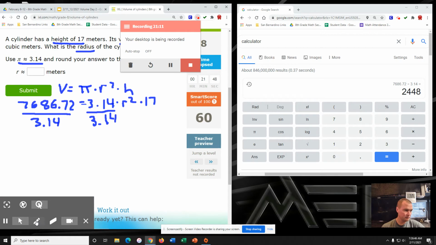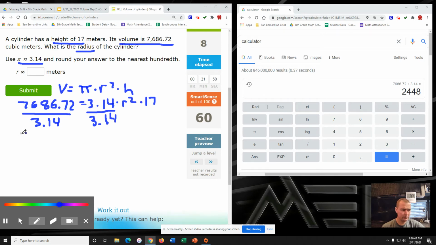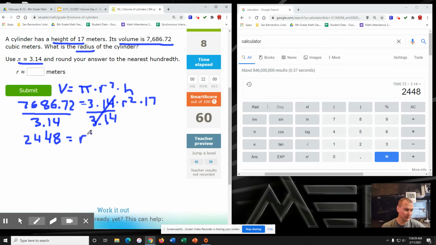All right, so now we got 2,448 equals. Pi's are out. R squared comes down, so r to the second power times 17. Well, the 17's got to go, so we got to divide 17 and divide 17.